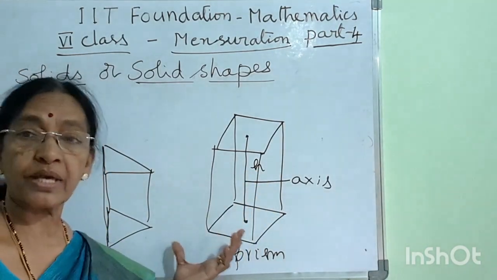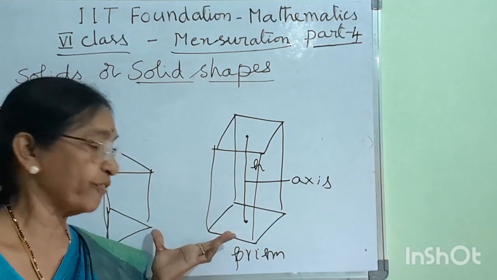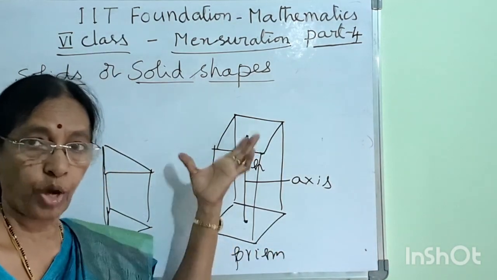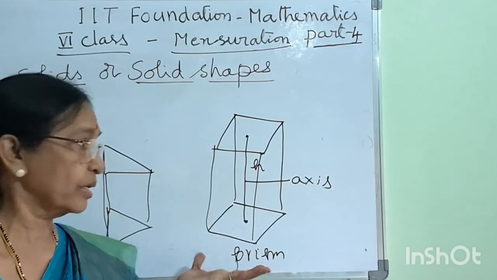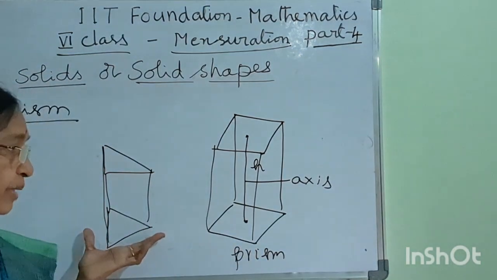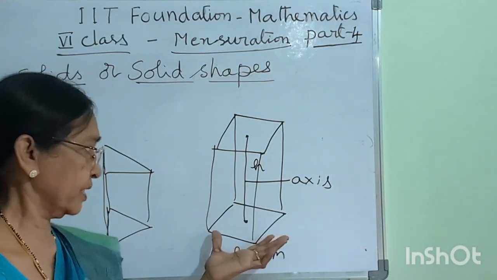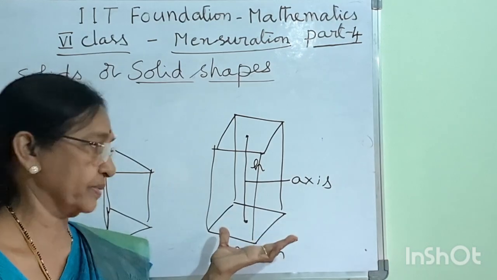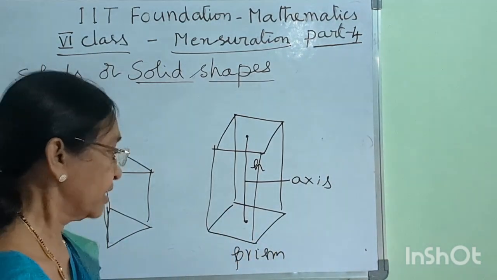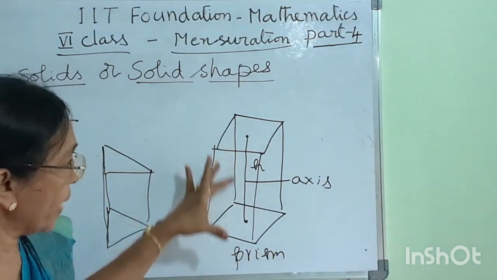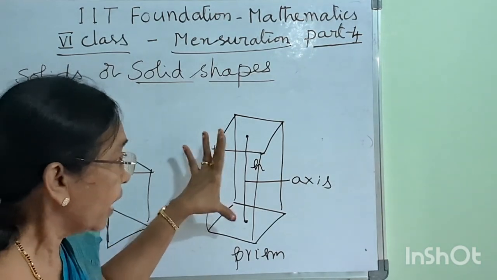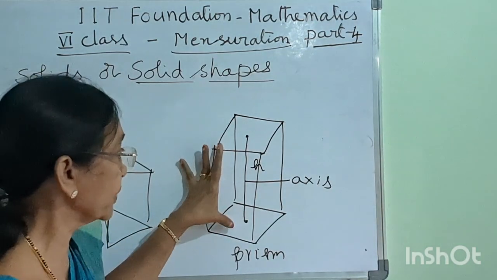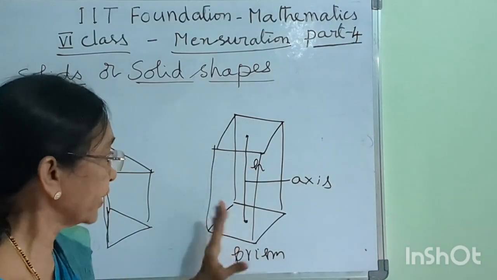And these prisms are named after the shape of their bottom or top. Both are congruent, identical and parallel to each other. So this is a triangular prism and this is the quadrilateral prism. Thus, a prism has two identical polygons parallel to each other, and their vertices are joined.